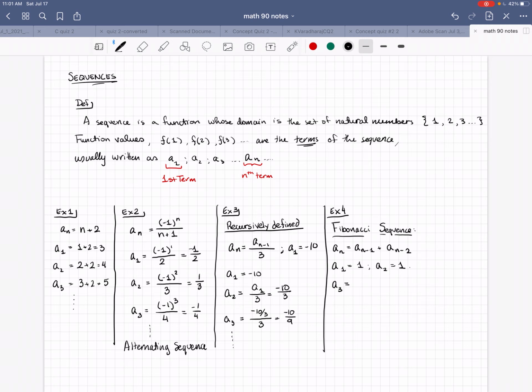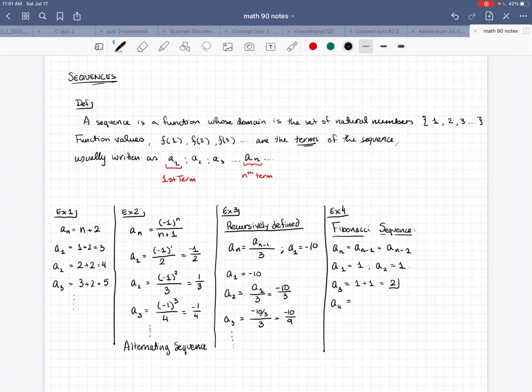Each subsequent term is the sum of the two terms that came before it. So for a sub 3, it's the sum of the second and the first term. So that's 1 plus 1, which is 2. A sub 4 is the sum of the second and the third term.